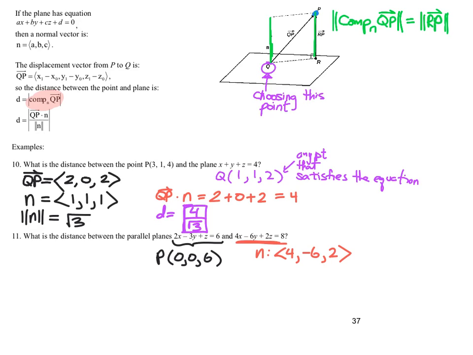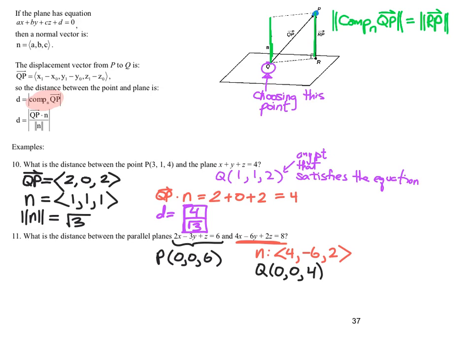It doesn't have to be anything in particular, but I do need that point Q, something that would satisfy the second plane. Now, you can go with zeros. Zeros are a wonderful number. So I can do 0 for x, 0 for y, and then that would force z to be 4. You could do 1, 1, and then 1, 1, 1.